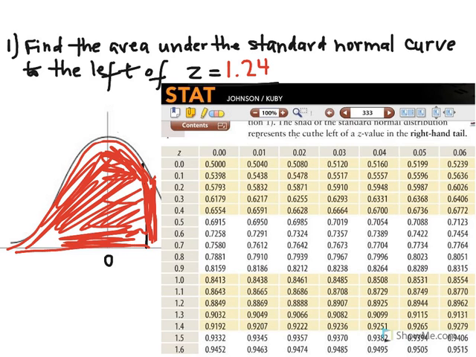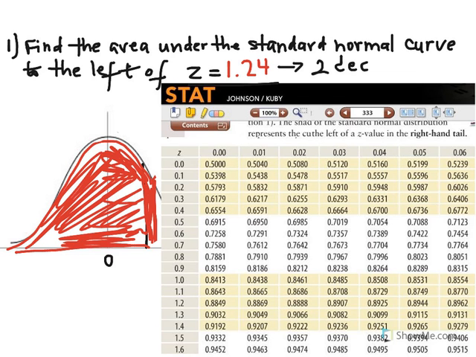Look here, we have the z-score right over here on top. Since we know that the z-score has two decimals, we're going to have to match the rows of the z-score with the columns.